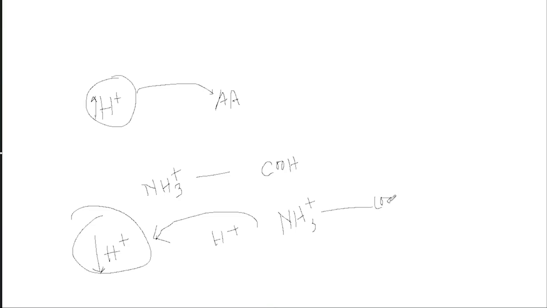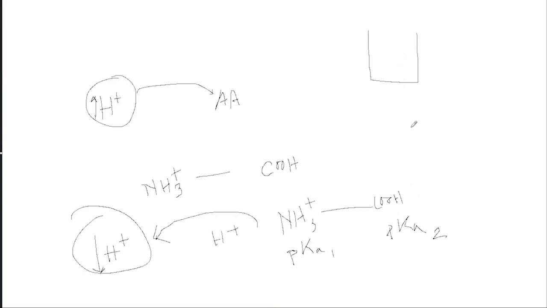That's when, if you have a certain pKa for each group, at the pH, if the pH is greater than the pKa of a certain group, that group loses its hydrogen. Why?